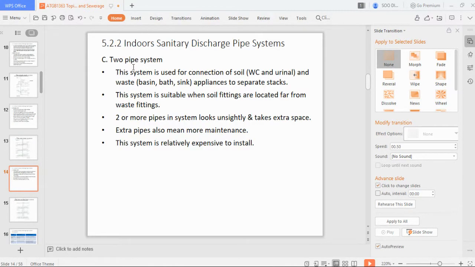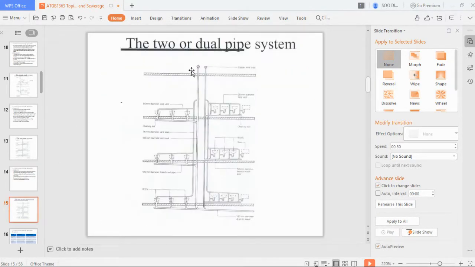Okay, so next you have a two pipe system. Instead of having everything close together like the one pipe system, if you need your WC and your basin to be far apart, then you need to utilize this two pipe system.